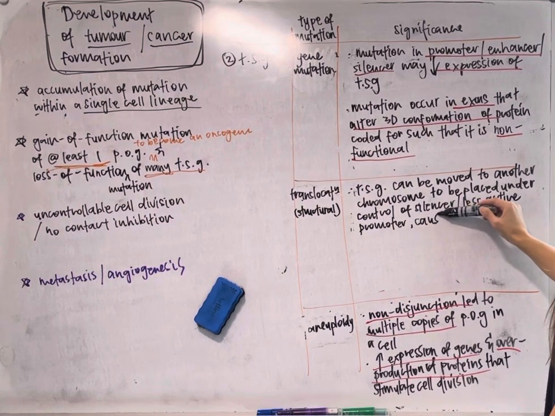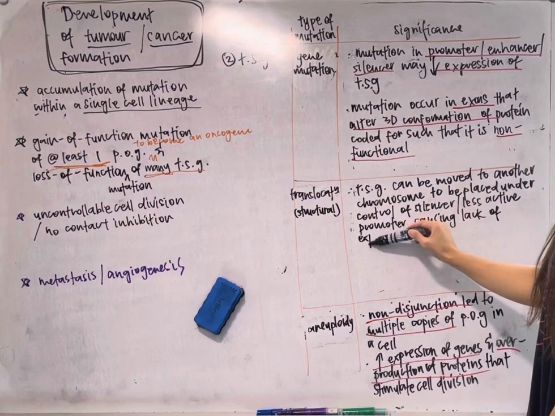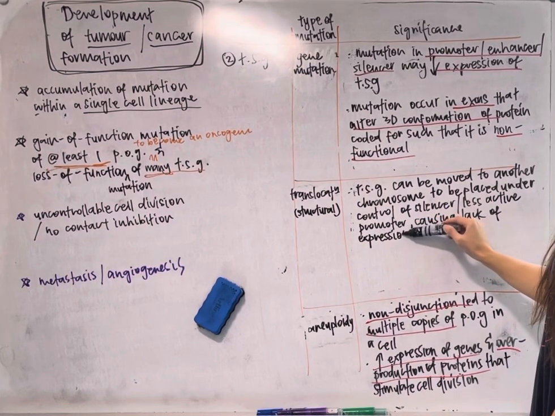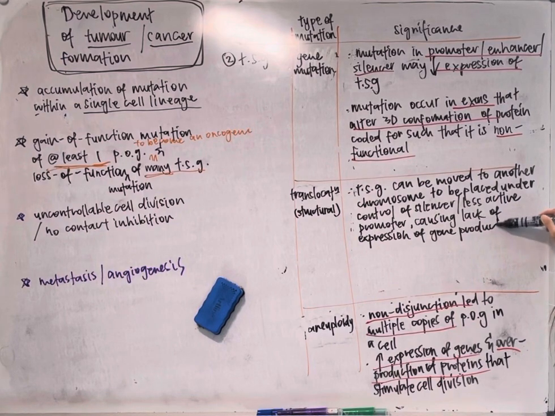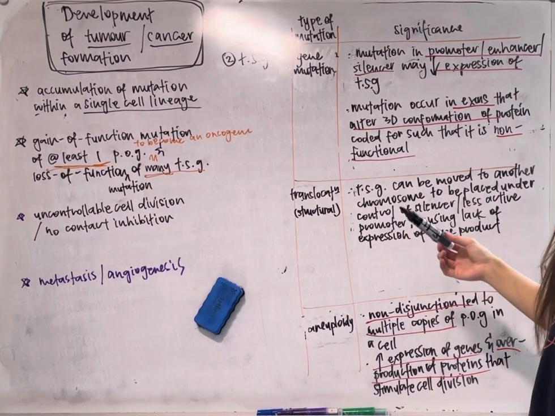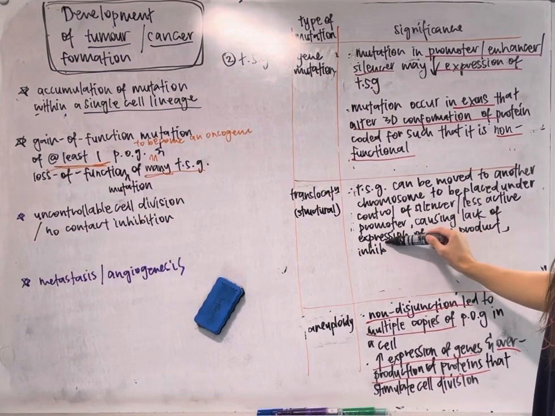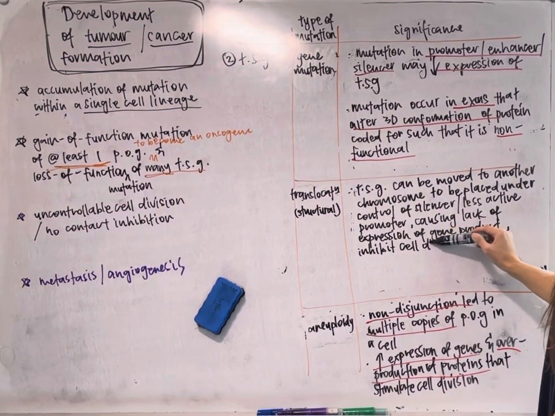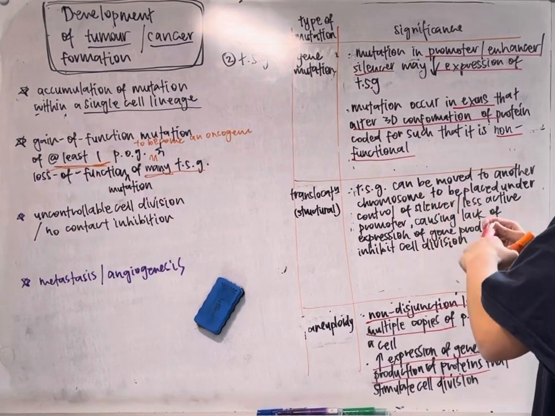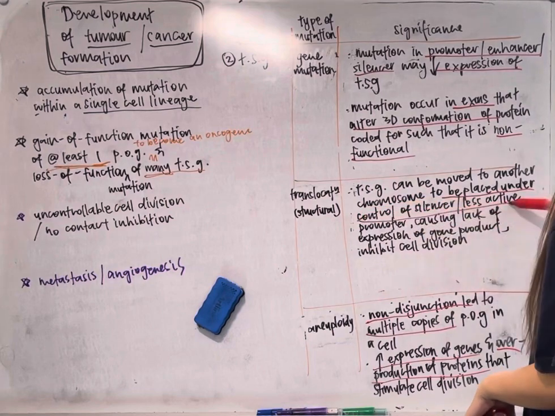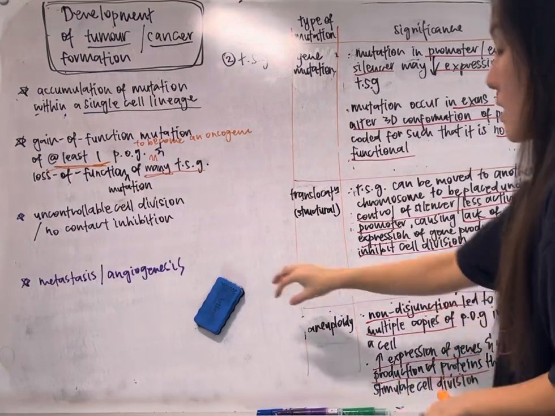So that's why you will have inhibition of cell division. So: under control of silencers or less active promoter, so lack of expression to inhibit cell division.